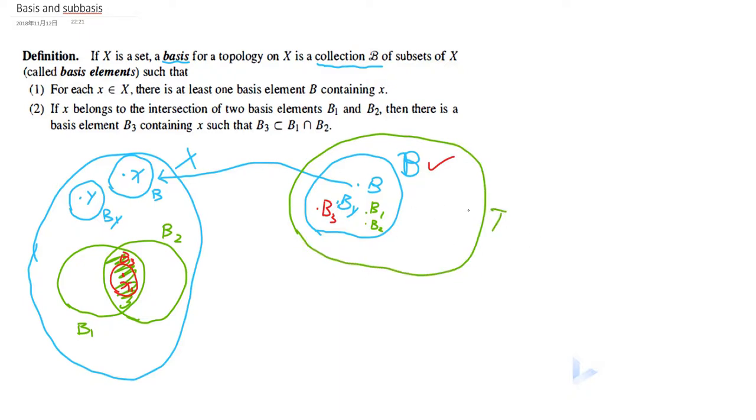The B is a subset of the T. So this is also why the basis B is easier to build in many situations, because it's just a part of the entire topology, and so the subset B may have less requirements than the topology T. So that's why B is easier to build.